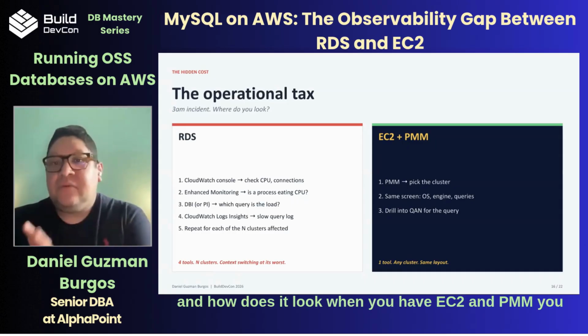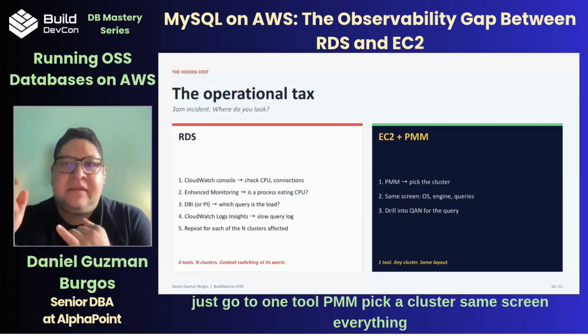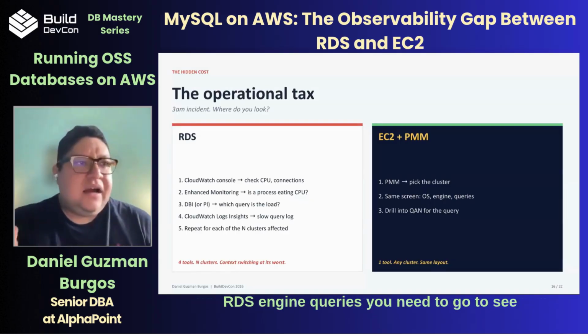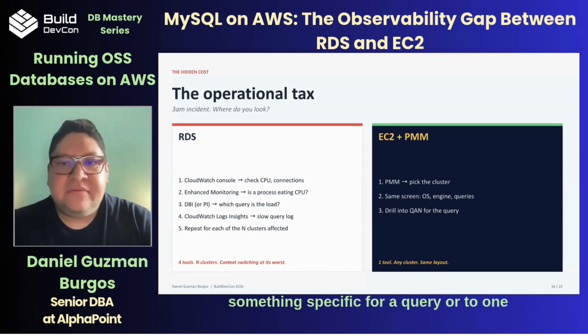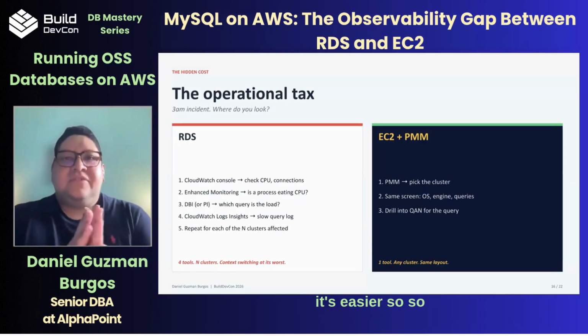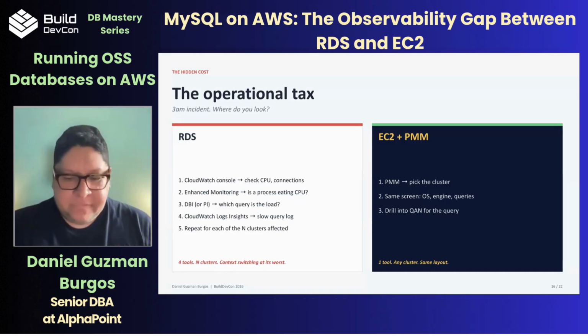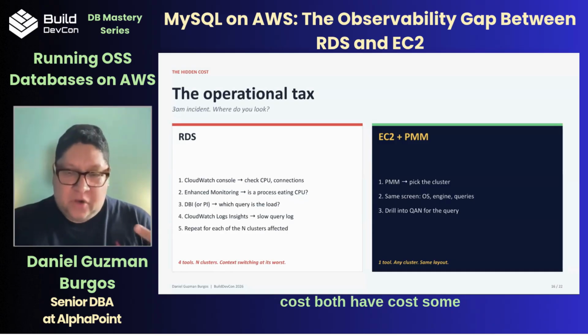And how does it look when you have EC2 and PMM? You just go to one tool, PMM, pick a cluster, same screen, everything: OS, engine, queries. If you need to see something specific for a query, go to QAN. It's easier. So far, what are the trade-offs? It's cost. Both have cost.